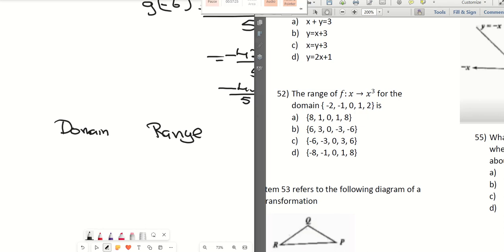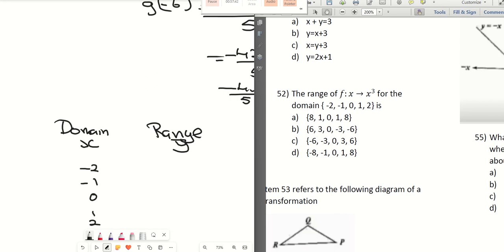Your domain is usually x values and your range is your y values, or the answer that you get for your function. I'm telling you that the domain is -2, -1, 0, 1, 2.